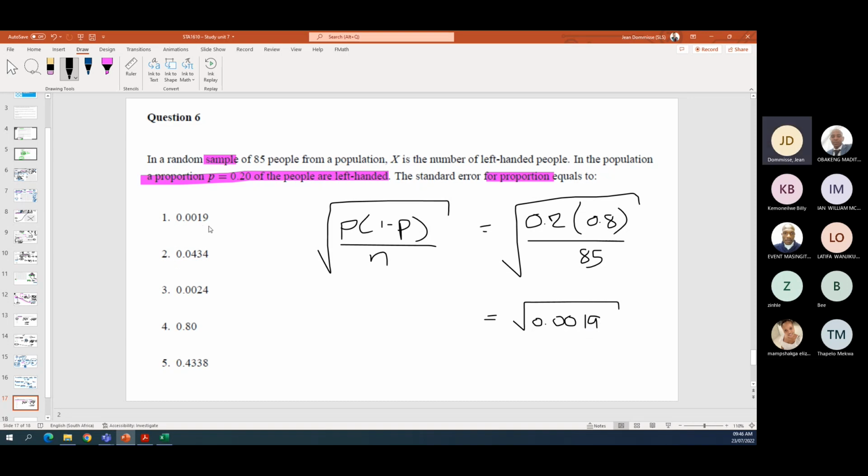So again, I like to give that as your first option. Then the final answer is 0.04, which is this one. Okay, so again, they give you nearly that first answer, the one underneath the square root.